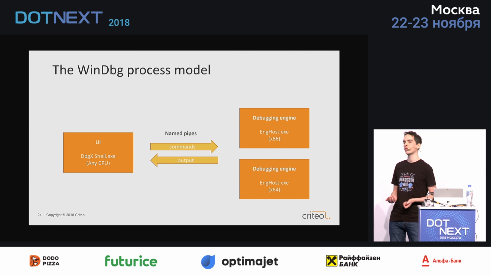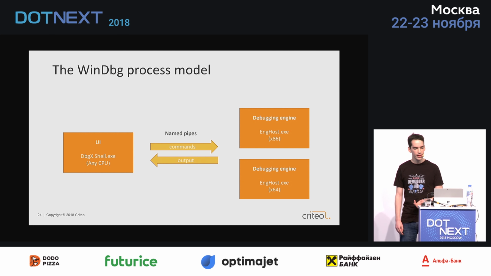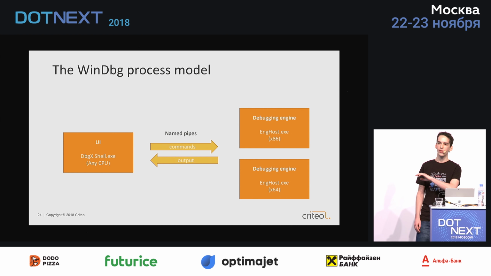It's a problem because ClrMD needs to access the memory of the target, either the running process or the crash dump. It means that ClrMD needs to run inside of the debugging engine. But right now, all the extensions we've written are running inside of the UI. So how can we bridge that gap?